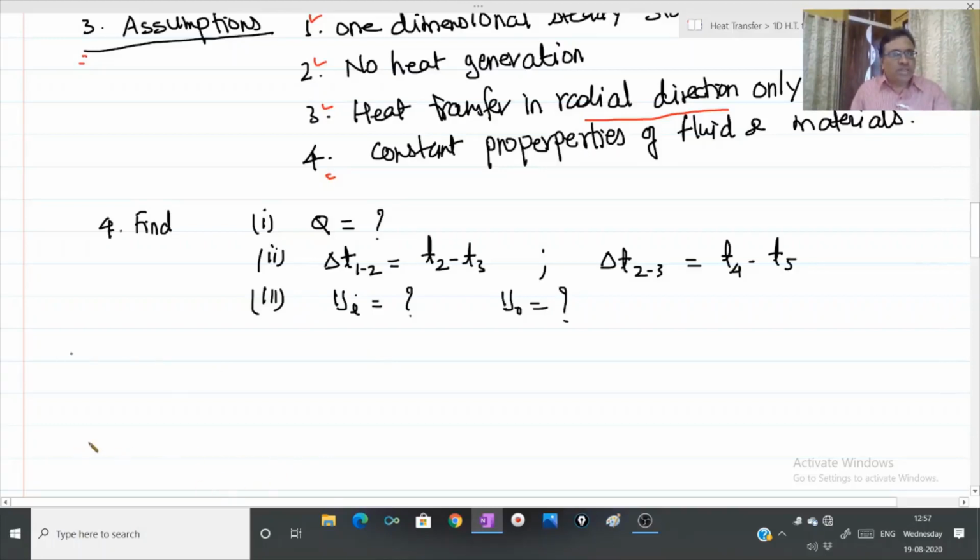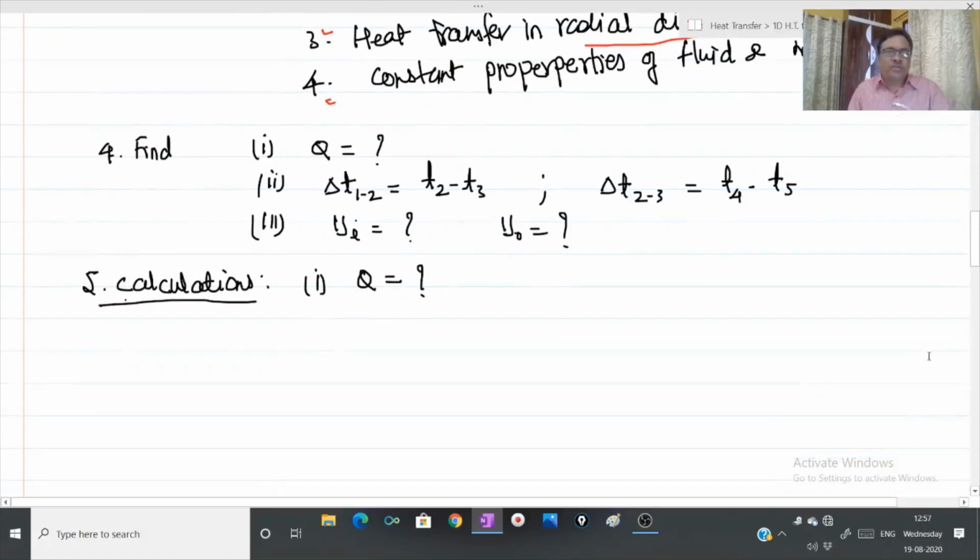Now let us do the detailed calculations. Let us do the first calculation to find out the rate of heat transfer. In order to find out the rate of heat transfer, first we must write down the rate of heat transfer through individual layers of materials and fluid film.